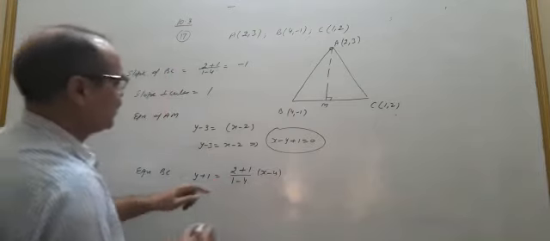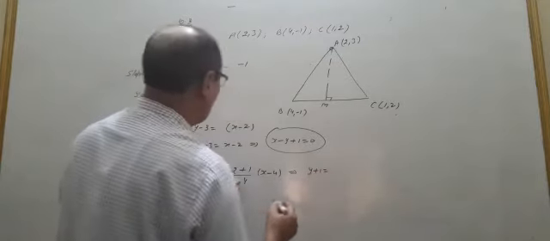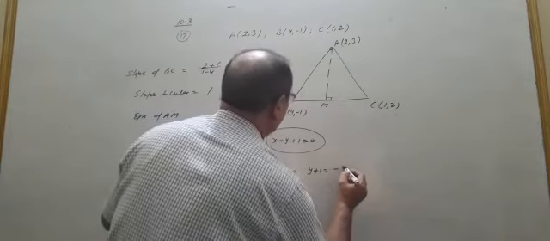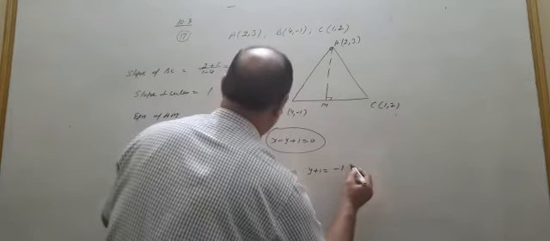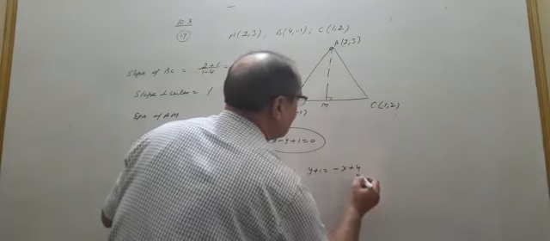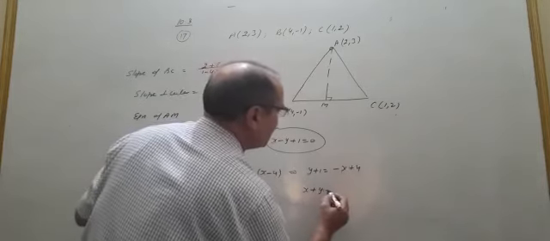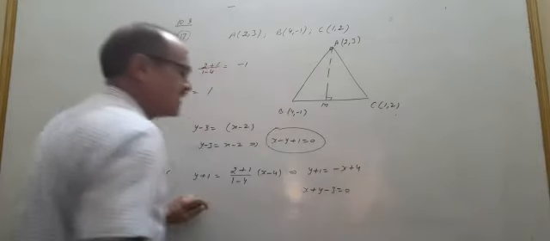Okay, so this can be written as y plus 1 is equal to, the slope becomes minus of 3 upon plus 3 means minus 1 times of x, can be written as minus x and plus 4, or on arrangement of this this will gives you x plus y minus 3 is equal to 0.